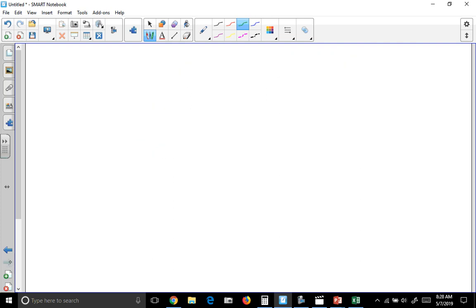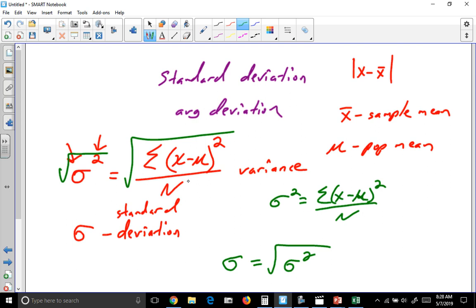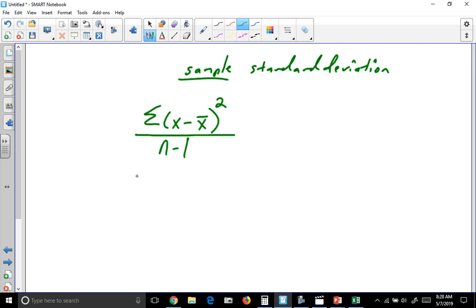Now notice there's a difference between that and this one. Here, n is the size of the population. But when we're not dealing with the whole population, we actually subtract 1 from our size.